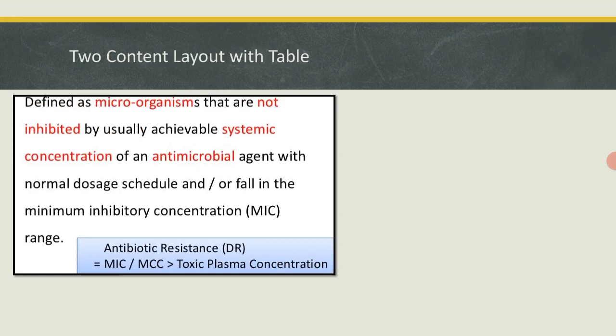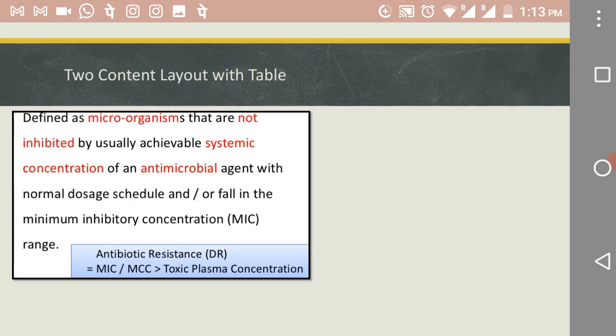That is called antibiotic resistant strains. Now we can also calculate antibiotic resistance using the formula, the MIC divided by the MCC.